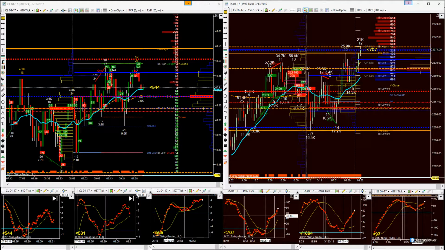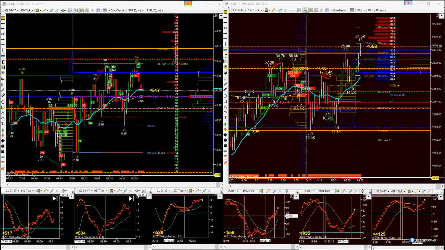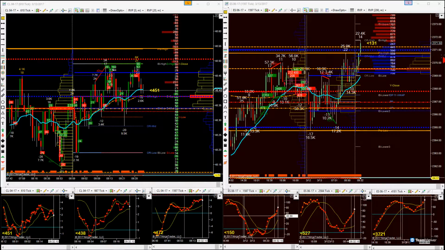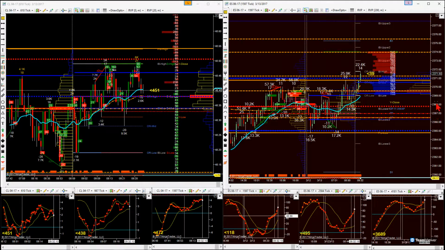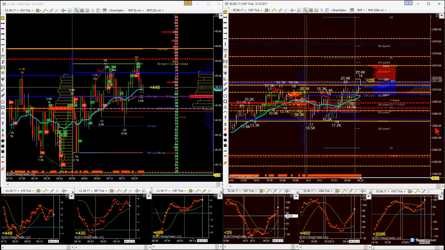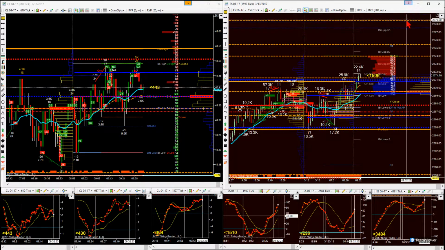S&P coming up to test. Remember, we had talked about the two extremes on the S&P for us. Geez, I don't even remember, to tell you the truth. Top side was, I think, right around 79. Yeah, top side was here.